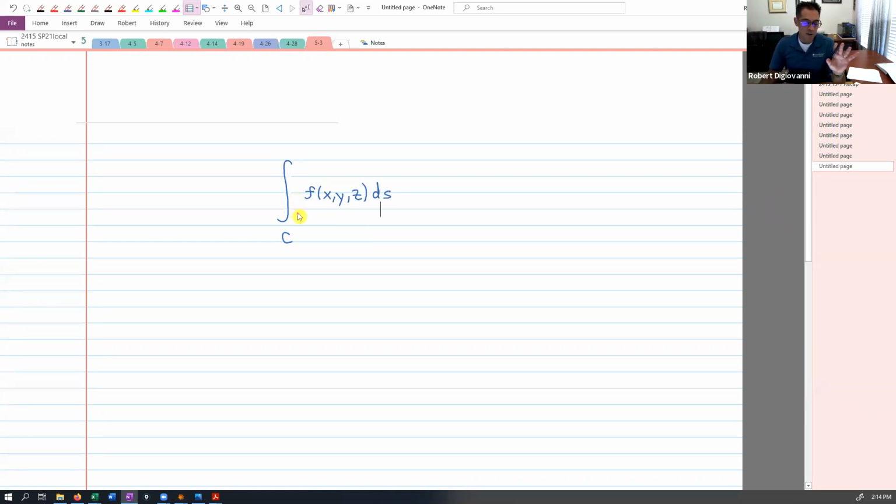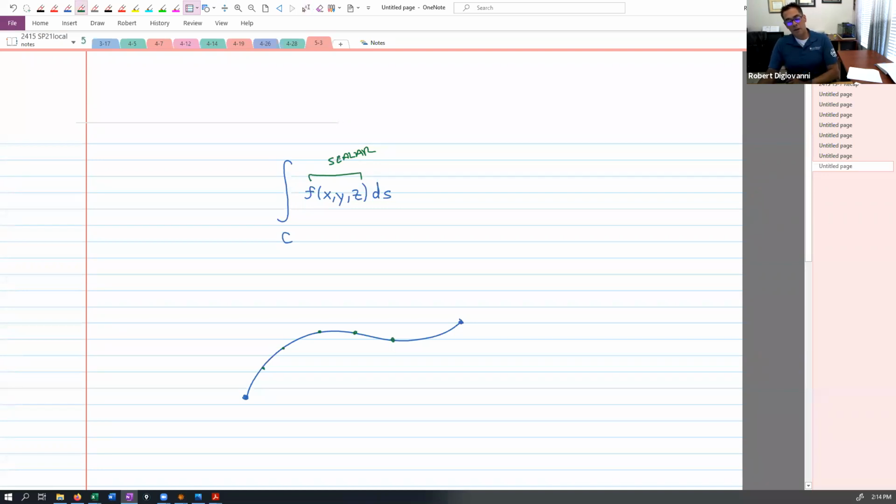We were moving along a curve, and at every point we could say, that's the temperature there, or the density. So we had scalar functions in a line integral.